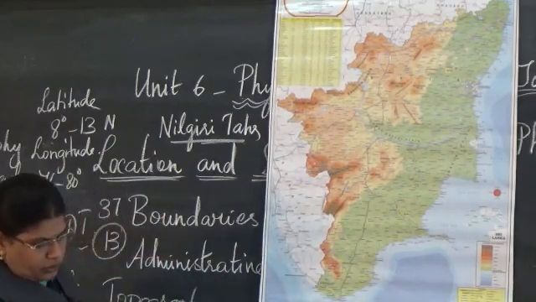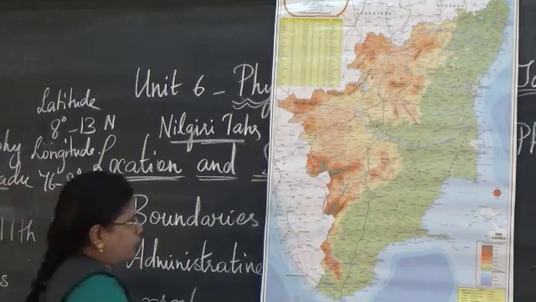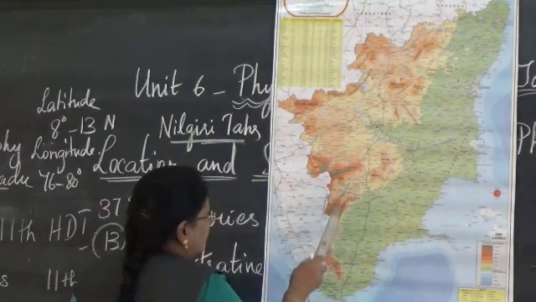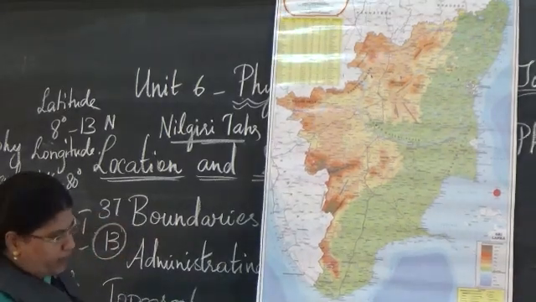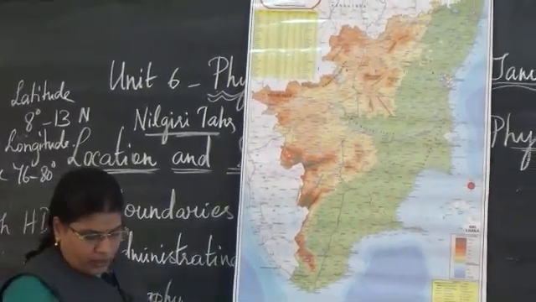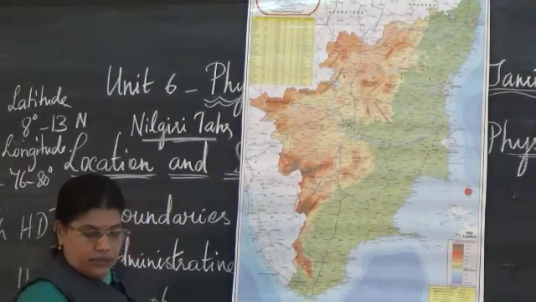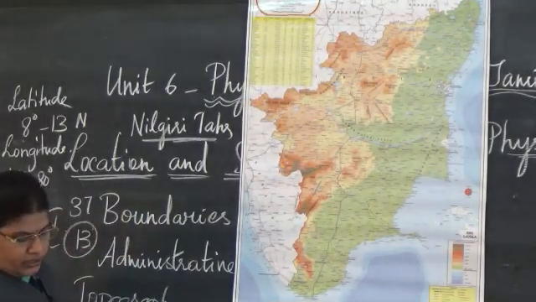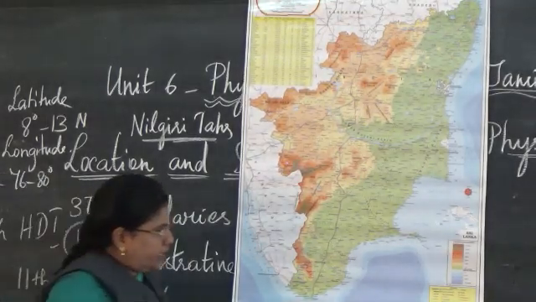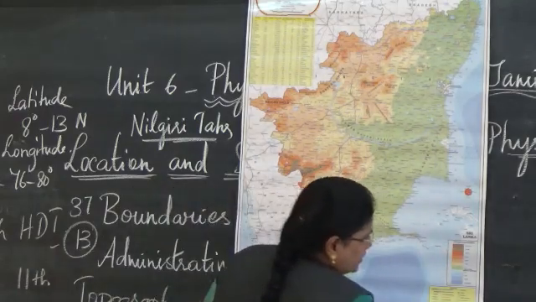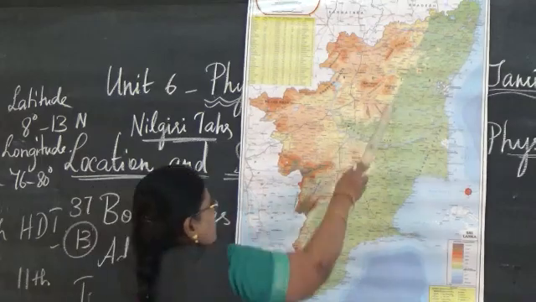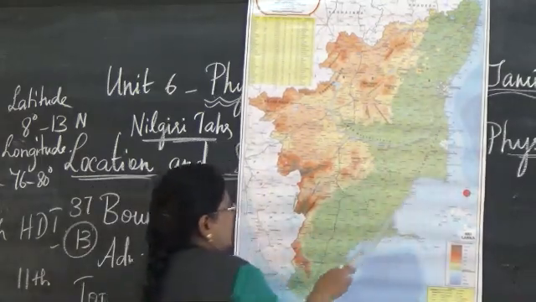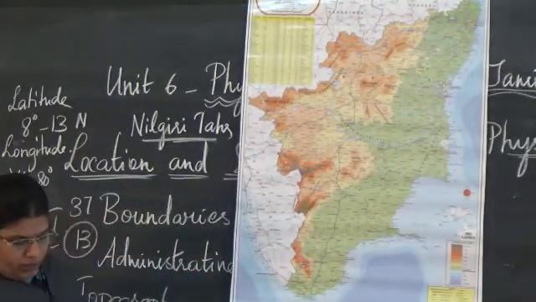It is found in the Madurai district and extends up to the foothills of the Western Ghats. So we have the Vaigai and the Tamirabarani, two important rivers located in this region. The next topic is plains. We have the inland plains as well as the coastal plains of Tamil Nadu.